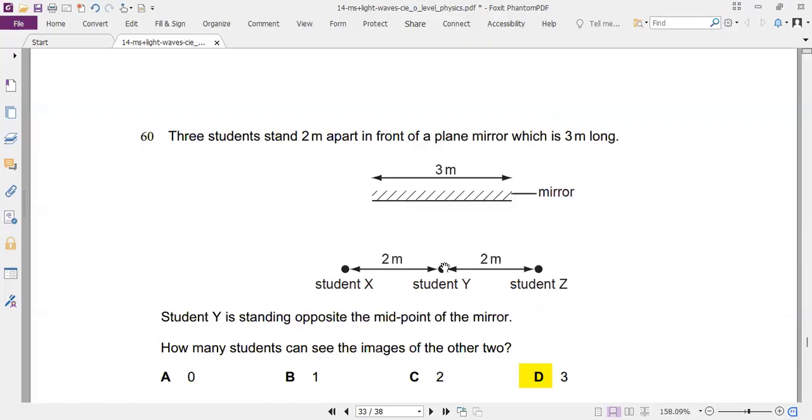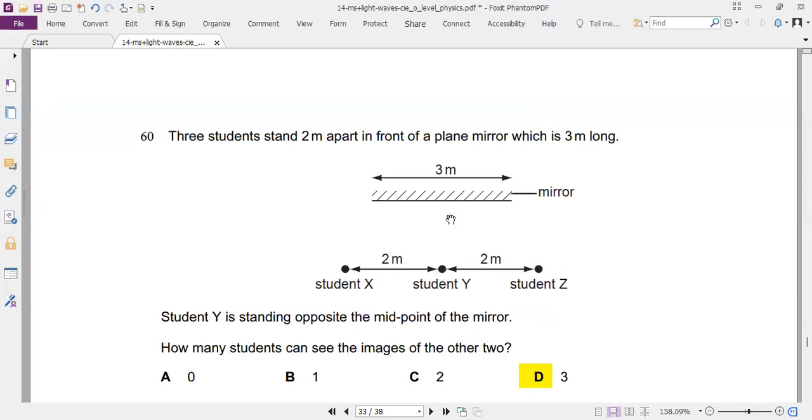Now, this one, to see this one, it has to receive a ray from this one. Let's do it again. Student Y sends a ray that should reach student X, making an equal angle of incidence and reflection. Possible, because if it sends here, it goes here. So he can see at least one student.